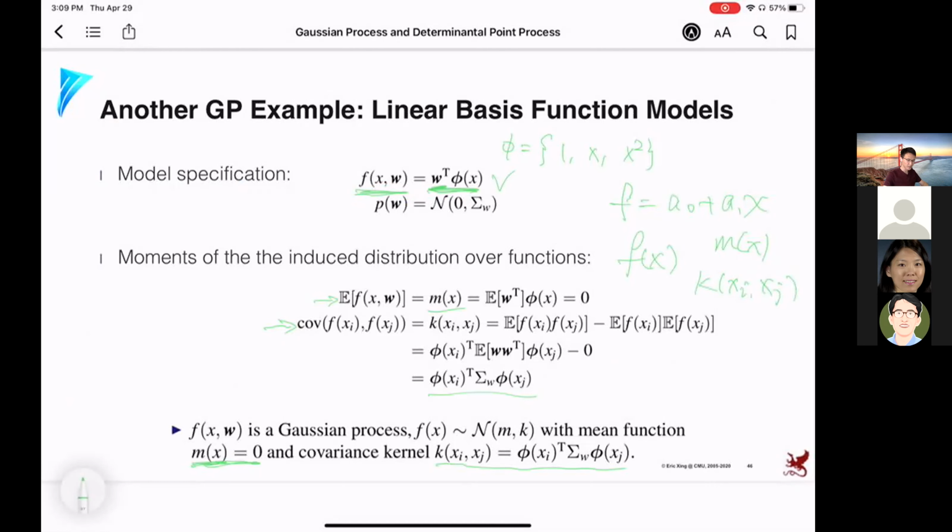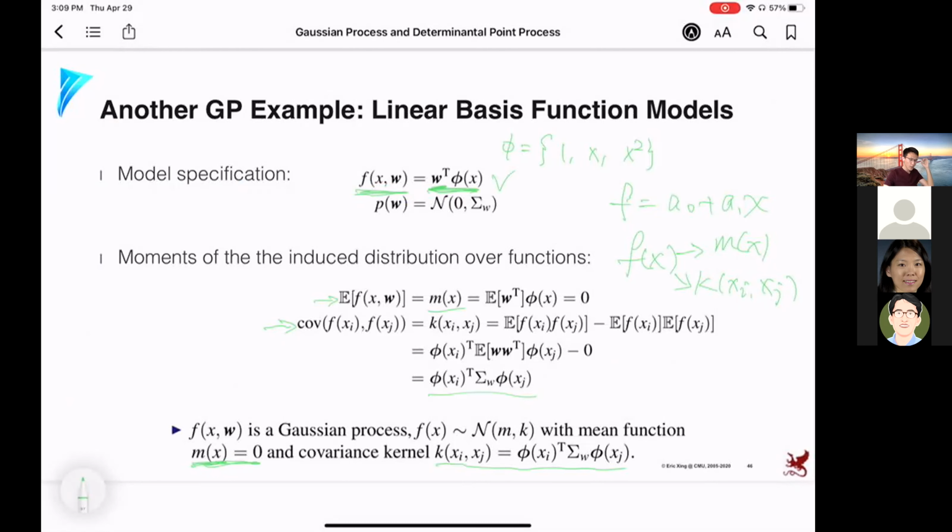I say this is a Gaussian process with mean function m(x) and a kernel function k(xi, xj). That still works. If you do that, then we don't know what the basis functions are, right? So in simply specifying the mean function m and the kernel function k, we have no idea what those basis functions are.